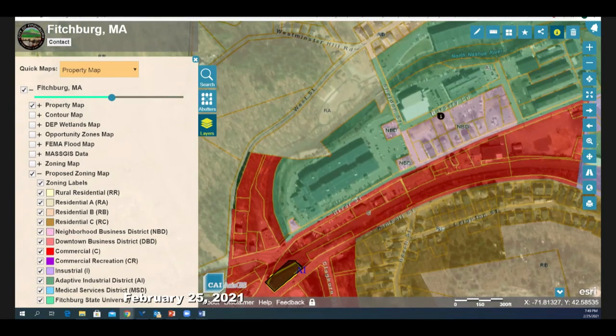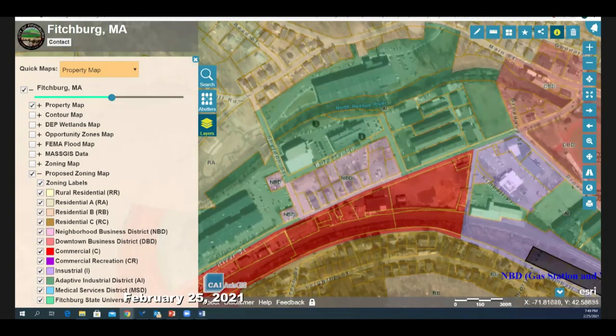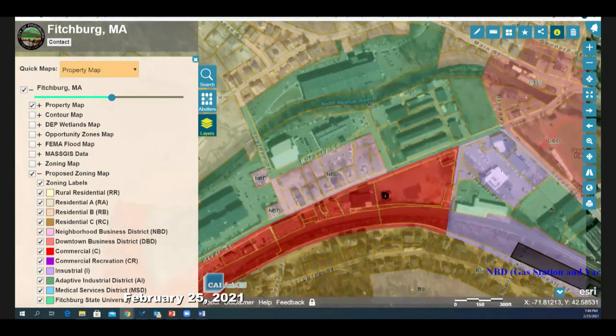And then, of course, neighborhood business district, that's where we have Dario's. That's where we have a dry cleaners here. These are uses that service the neighborhood. These are uses that you're more likely to drive in and out of, is the distinction between the two. And then all the other properties around them would receive the adaptive industrial designation. Currently, they're industrial. So again, they get those rights, but they get other flexibility too.